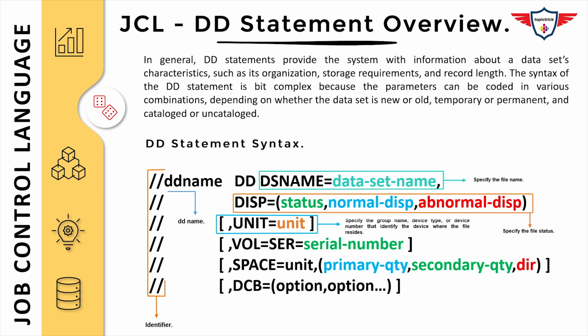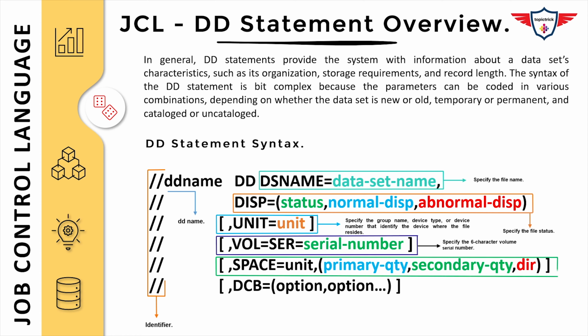So first one is the unit parameter. It is used to specify the group name, device type, or device number that identifies the device where the file resides. Then you have the volume parameter, which is used to specify the serial number of a specific volume. After that you have space, which is used to specify the disk space where the file will be allocated.